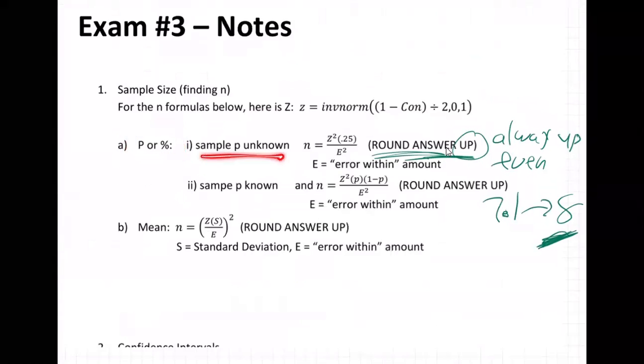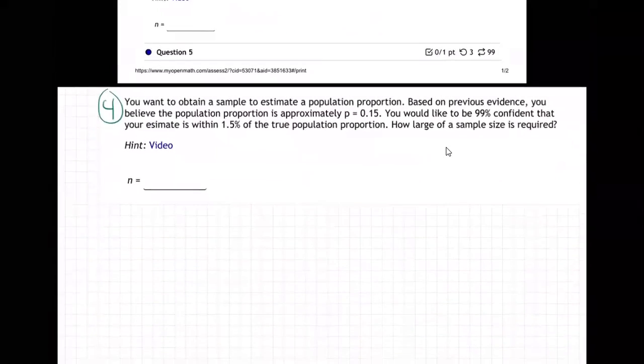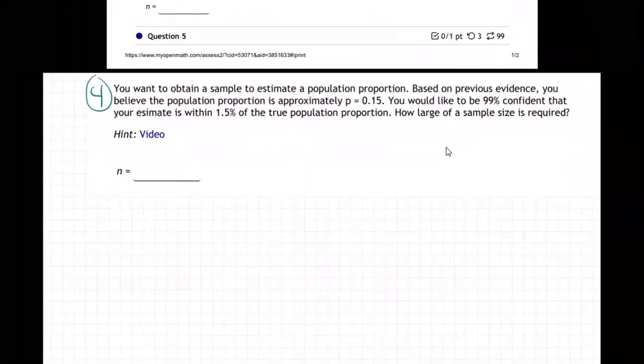So okay, is p unknown or known? Did they ever say they know something about p? I think they did. I think it's known. Yeah, right here. You believe the population proportion is approximately, so there we know something about p.